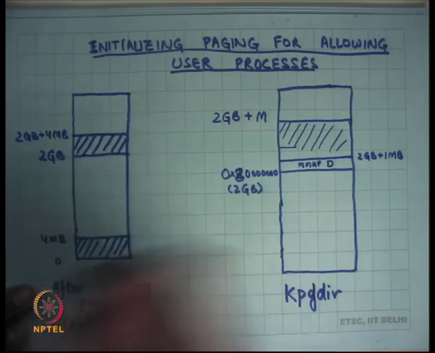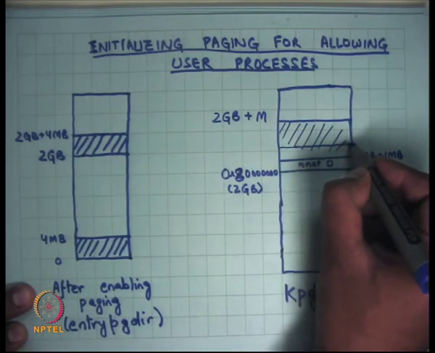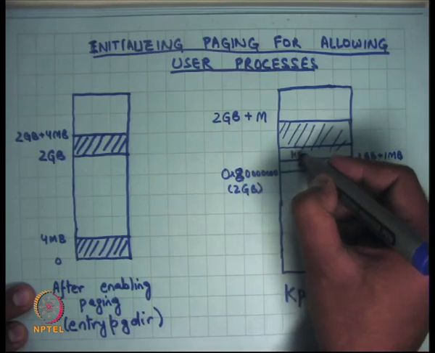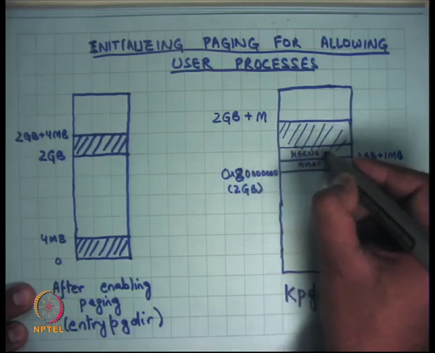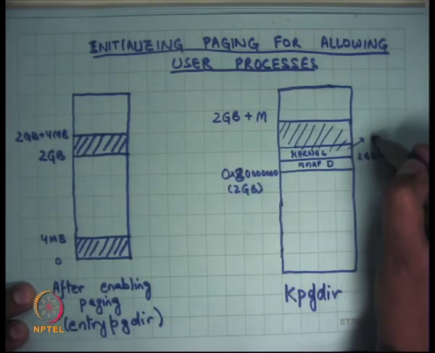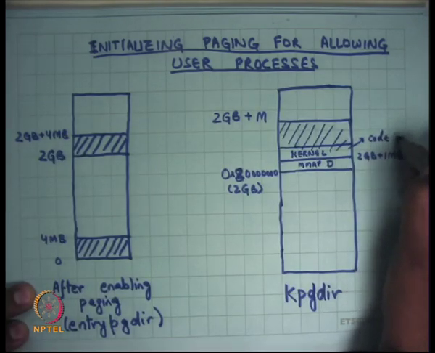Then there is some area which will be loaded for the kernel. Recall that we had loaded the kernel starting at 1 MB of the physical address space, so starting at 1 MB you are going to have the kernel, both code and data.